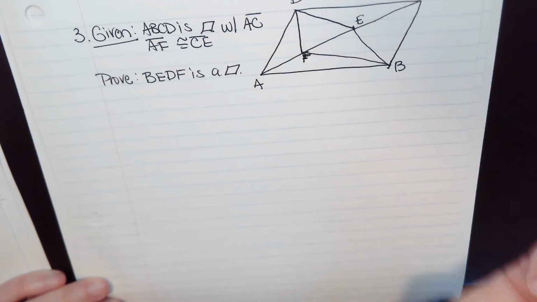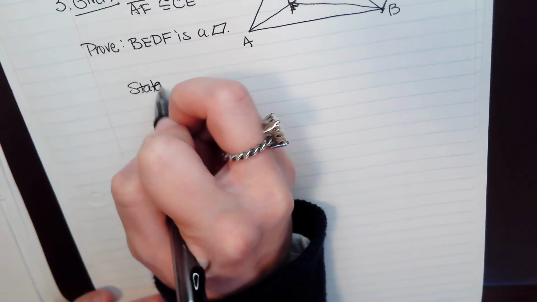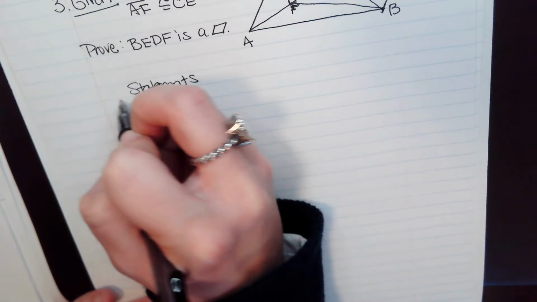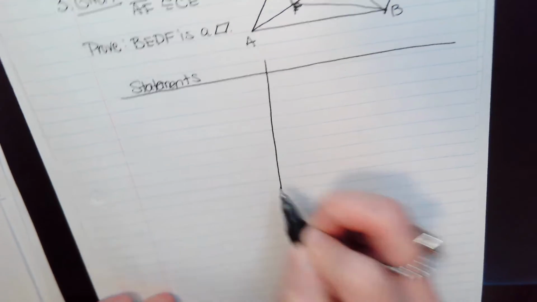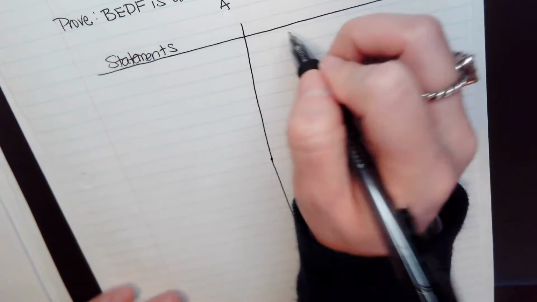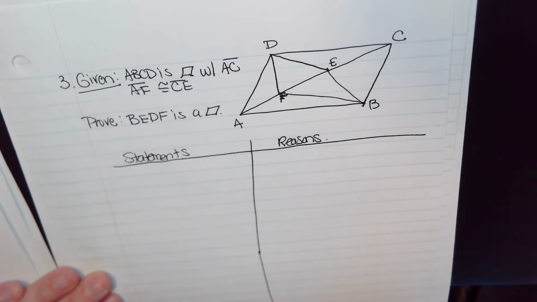This one's F right here. Obviously not drawn to scale. So take a minute here, pause the video. I want you to try to do this one completely on your own. Okay, go ahead and try it.